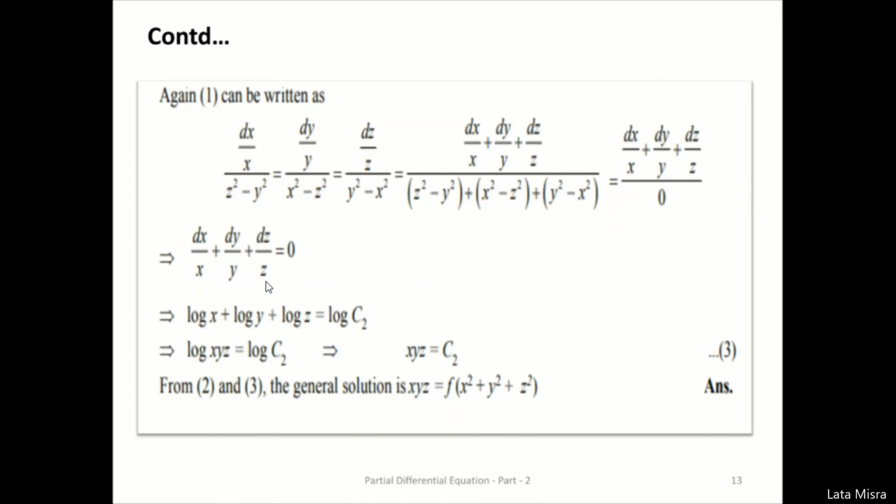So when we integrate this, we get log x + log y + log z = log c2, and applying the property of log, we have xyz = c2, and at last we write the solution: xyz is equal to a function of x² + y² + z².